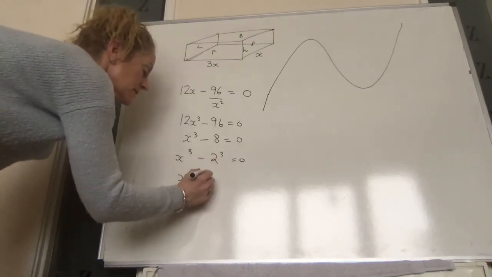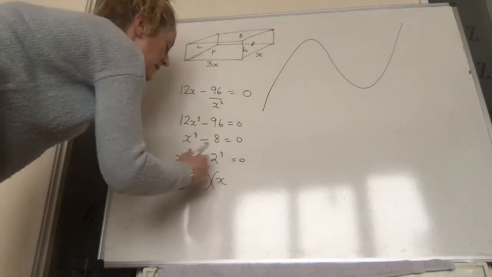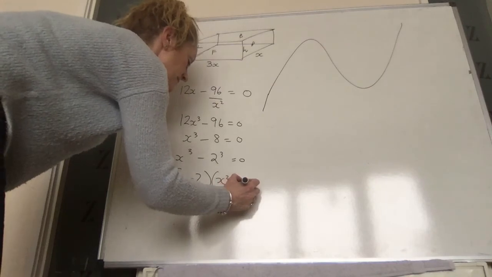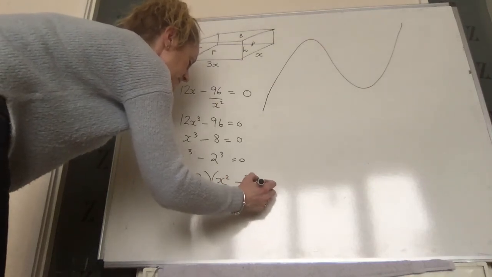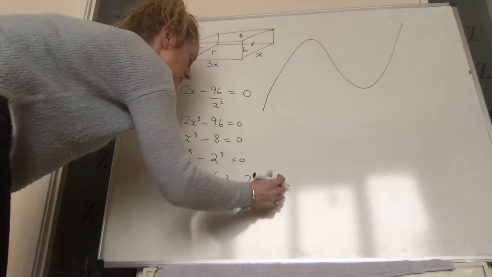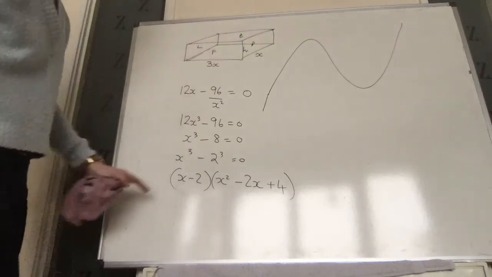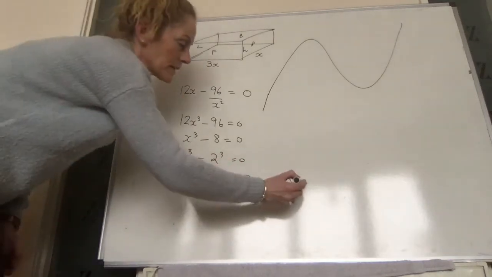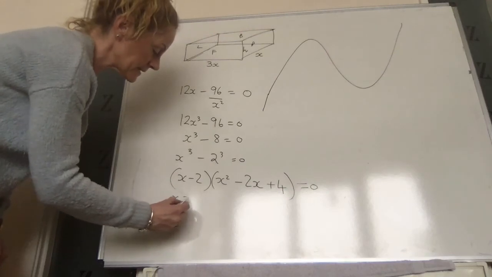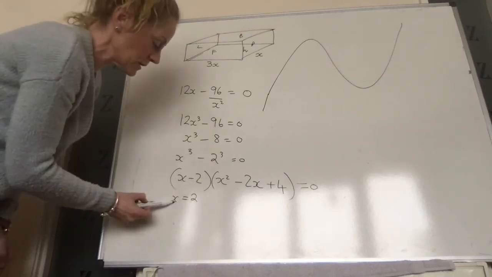It's a minus b times a squared plus ab plus b squared. Okay, those are the factors. So we want to put that equal to 0, so we can see straight away one of our answers is when x is equal to 2. x minus 2 equals 0, x equals 2.